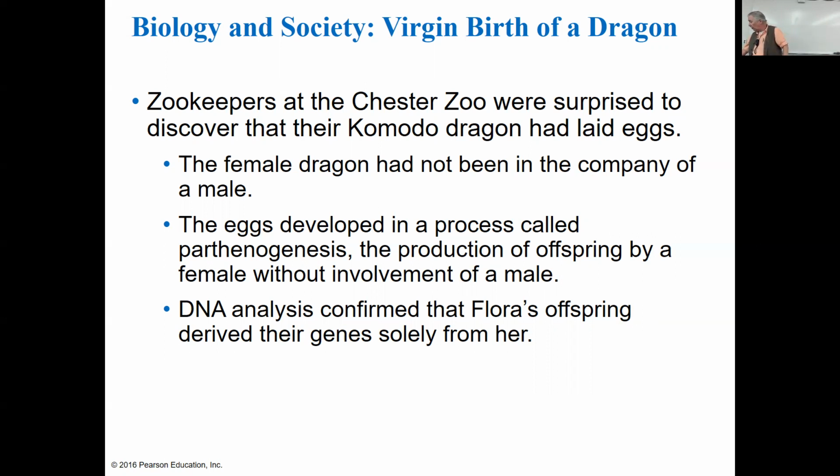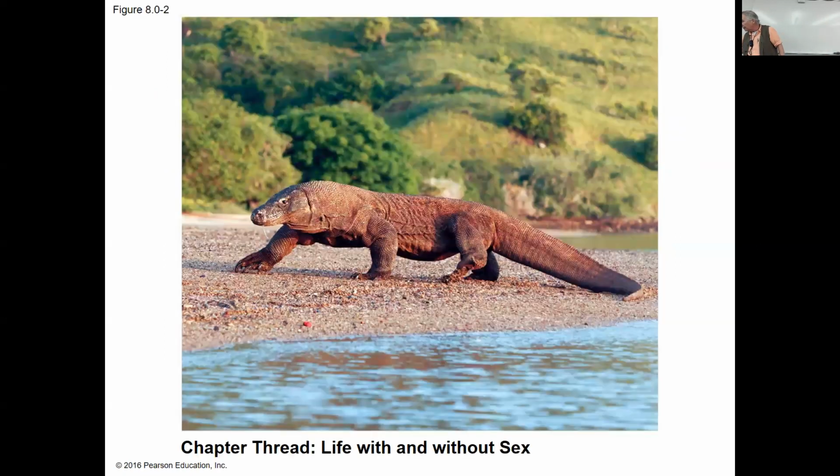There were no genes from dad. Life with or without sex. We're going to find out that sexual reproduction is by far the more popular means of reproduction, for reasons that actually are not that clear, because it has huge disadvantages compared to asexual reproduction. We're going to get into that later on.